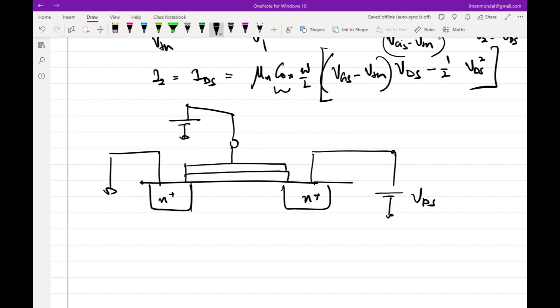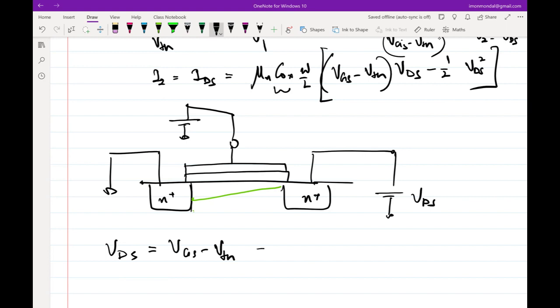So I hope you are comfortable with the fact that this channel charge has a profile like this, although this thickness is not up to scale. So now, what happens when VDS becomes VGS minus VT?